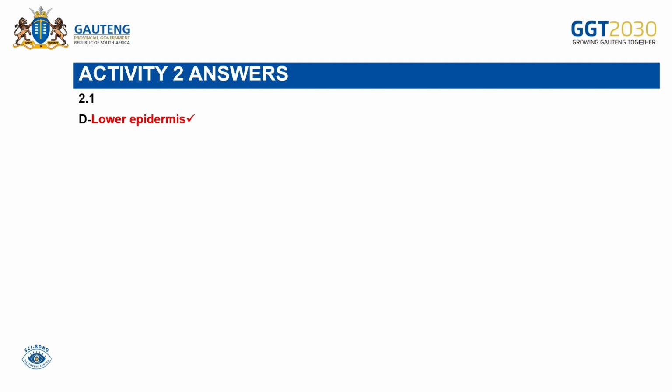Part D is the lower epidermis. And part E, we are referring to the air space. Part E shows the air space.